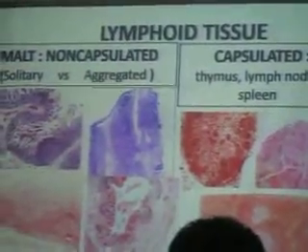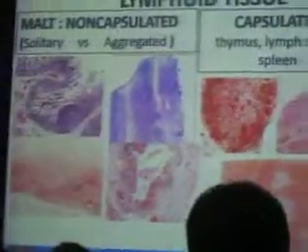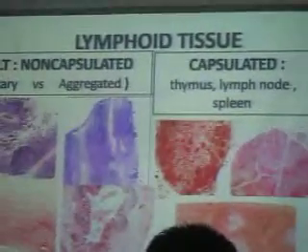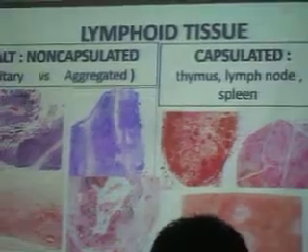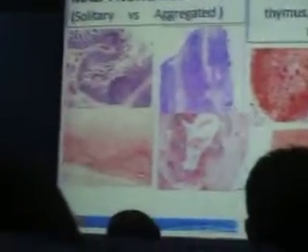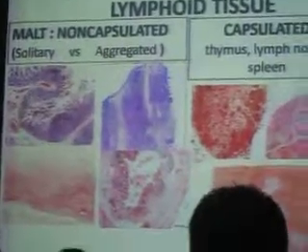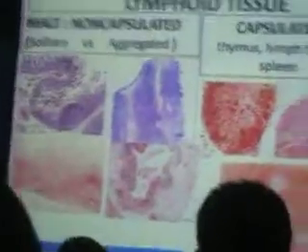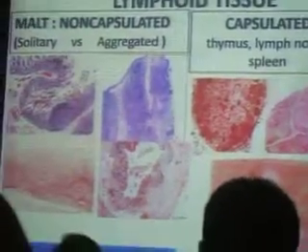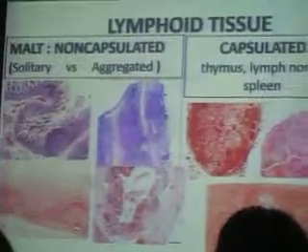Now we go to lymphoid tissue. What's so characteristic about lymphoid tissue? You have the preponderance of the lymphocytes in this organ. The lymphocytes could come as a group or really dispersed, especially in the submucosa of the gastrointestinal tract and also in your respiratory tract.